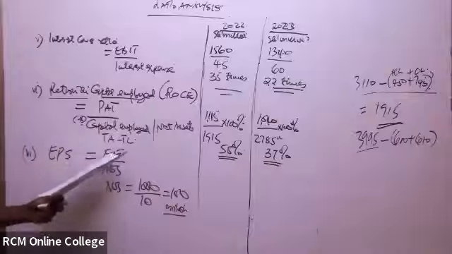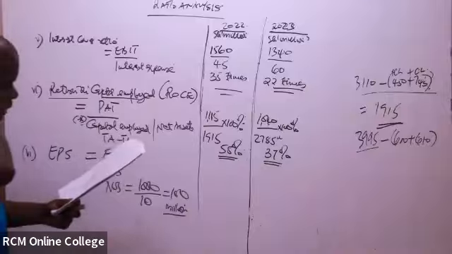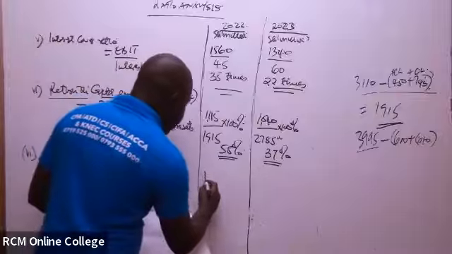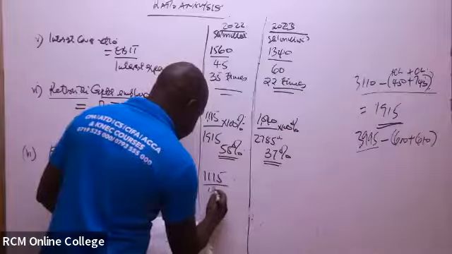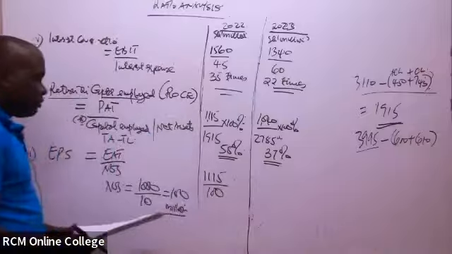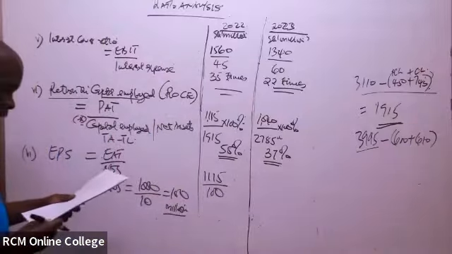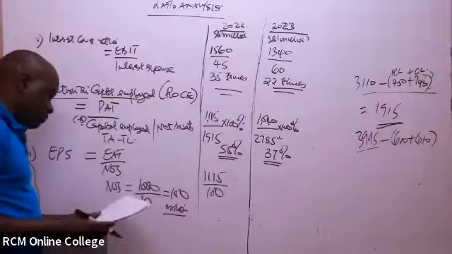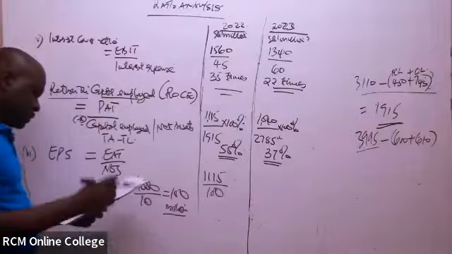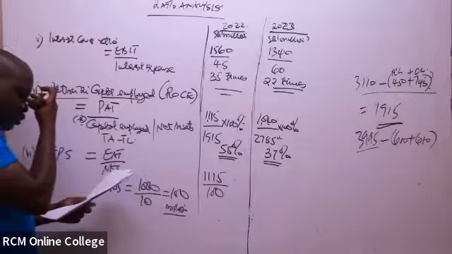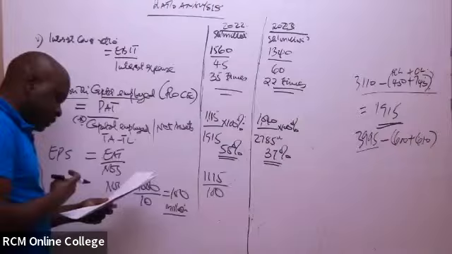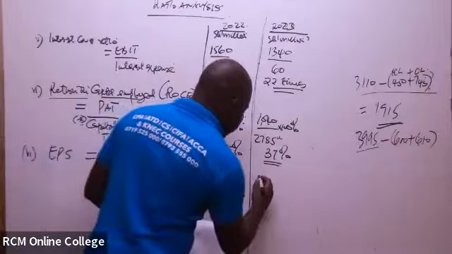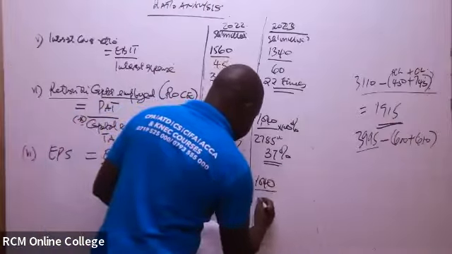Then our earnings after tax, the profit after tax, here we have 1115. We divide by 100. The number of ordinary shares is the same for the two years. So we take our earnings after tax of 1040 and divide by 100.